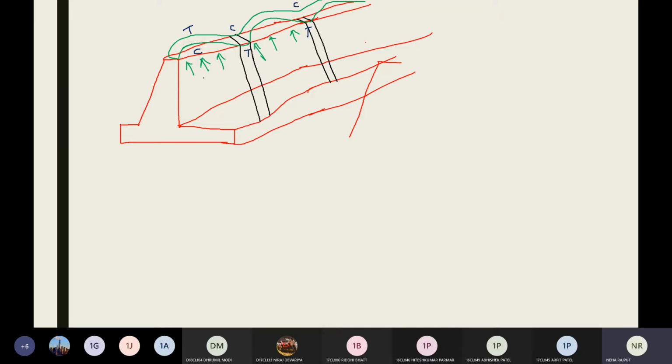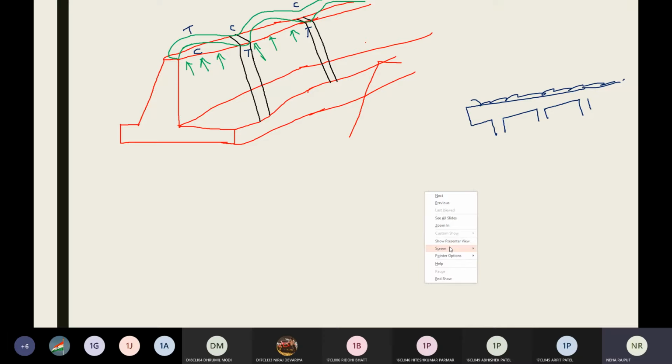right? And this you need to see like this, that this is your beam, load is acting from this side. So actually this kind of behavior is taking place. Suppose this is the stem member, right? And stem member is having load from here, and due to that load, the behavior is something like this.